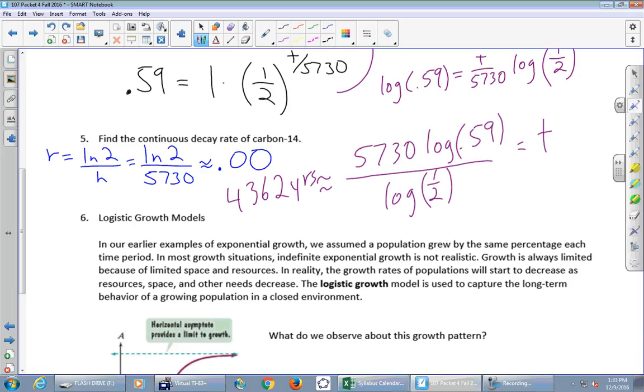E to the -4. Perfect. Is it 1059? Trevor, what do you have? Anybody? A little more? Okay, good. So that is the continuous decay rate.